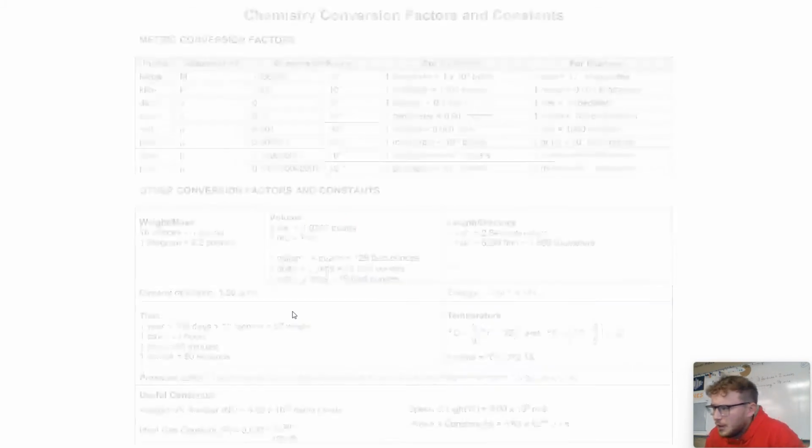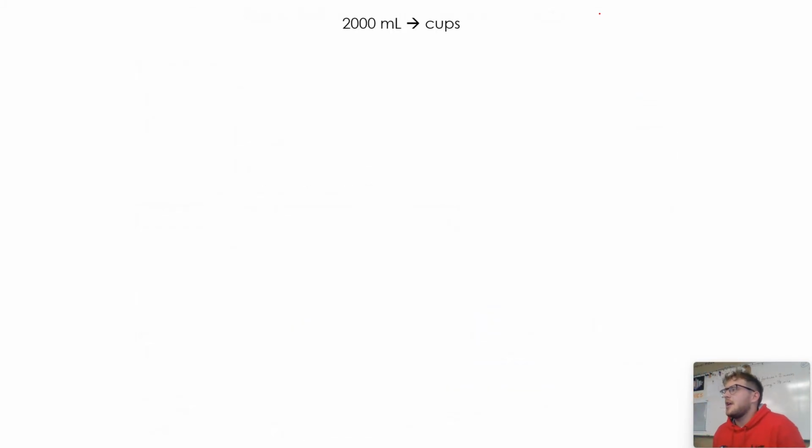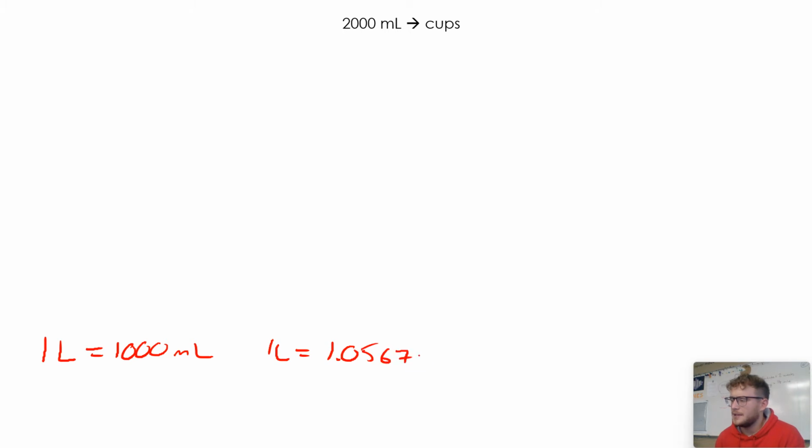So let's write down all of what I just needed. If I'm going to go from milliliters to cups, I said that I need to know that, and I'm going to write it down here, that 1 liter equals 1,000 milliliters. I wrote down that 1 liter is 1.0567 quarts.